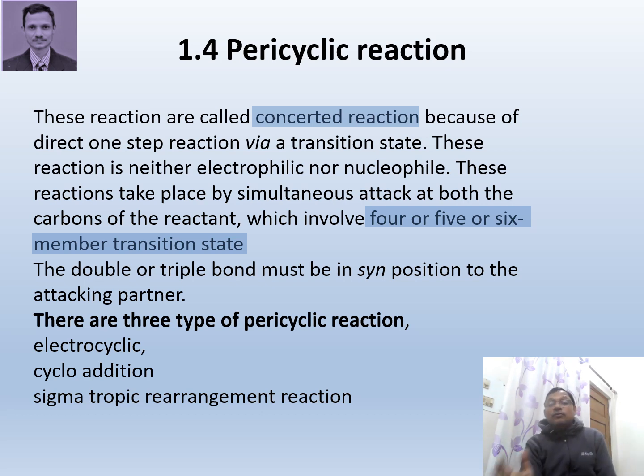This reaction follows the molecular orbital theory in which a reactant, generally olefin, butadiene or hexatriene, and the reagent, a dienophile, an olefin compound, overlap to give a cyclic compound. So this pericyclic reaction is either electrocyclic or cycloaddition or sigmatropic rearrangement.